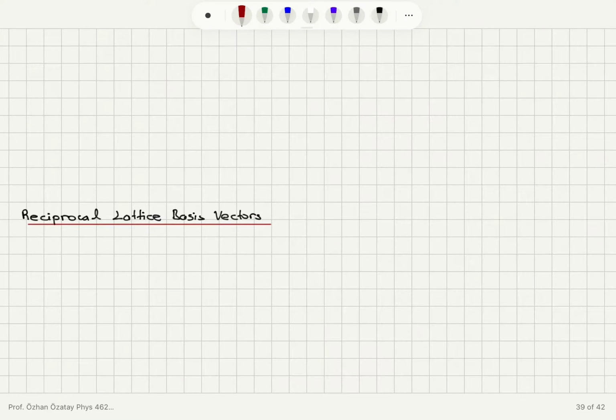So what I would like to do is check the number of lattice points in the designated primitive cell.